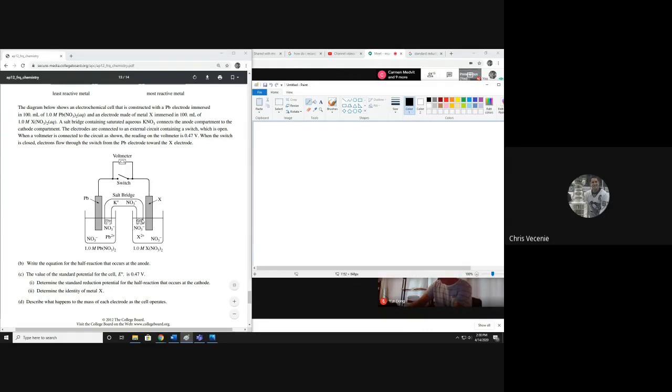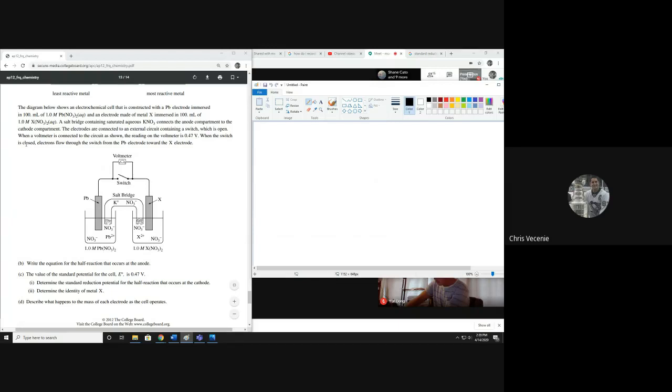The salt bridge has KNO3 in between, and they tell us it connects the anode to the cathode. The electrodes connect the external circuit, containing a switch which is open. When the voltmeter is connected and we close the switch, we're reading 0.47 volts.